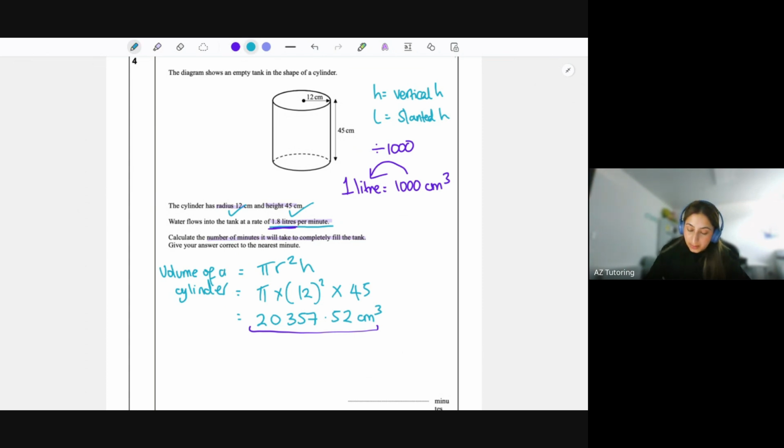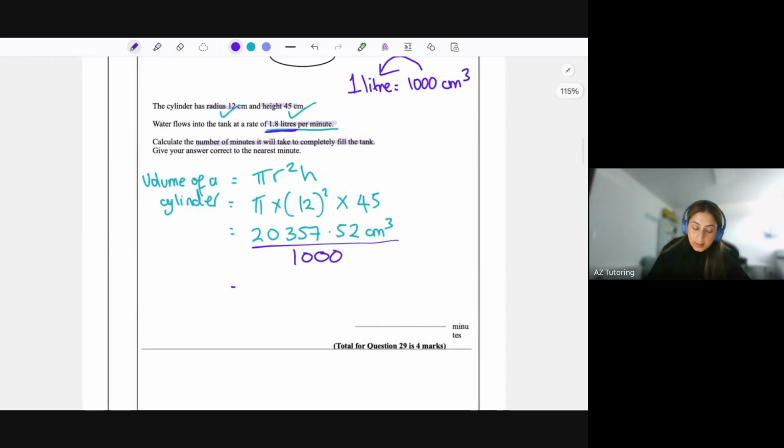I'm going to divide my volume by 1,000, which will give me the units in liters. So the volume of the cylinder is 20.35752 liters.